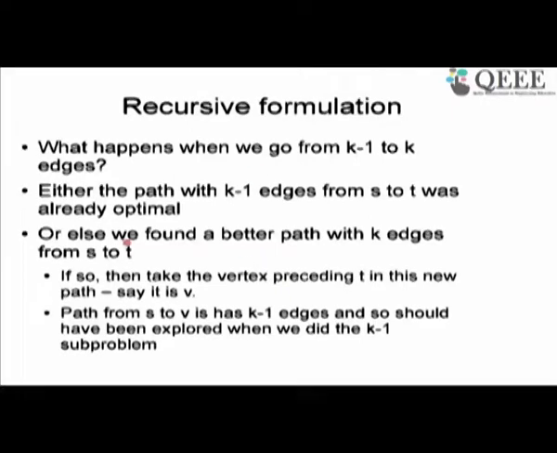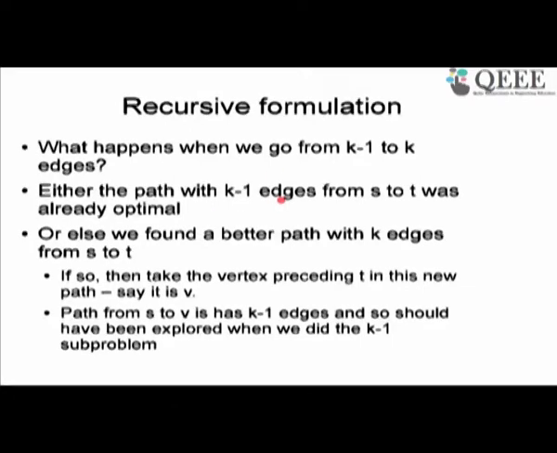The path to that node u has k minus 1 edges, and then from u I came to this node t with one edge, so this path has k edges now, but this new path has a total weight which is less than the shortest path that I found with k minus 1 edges.